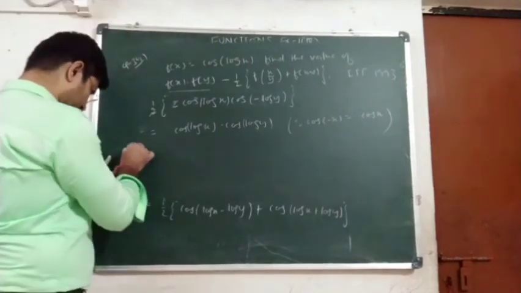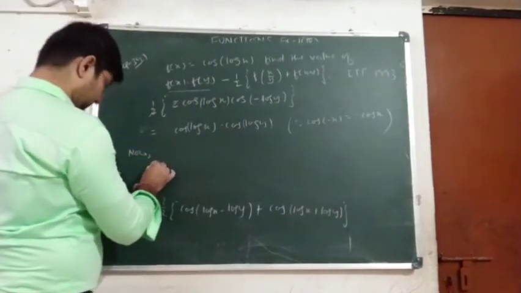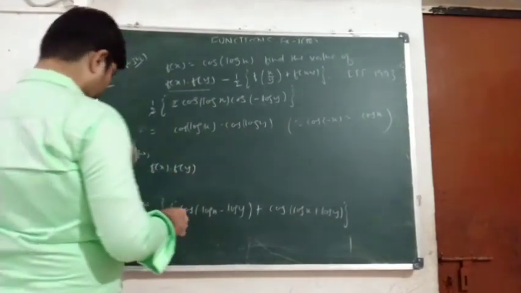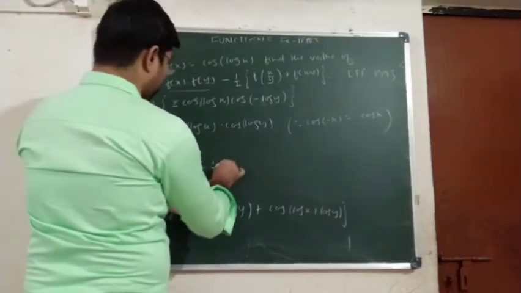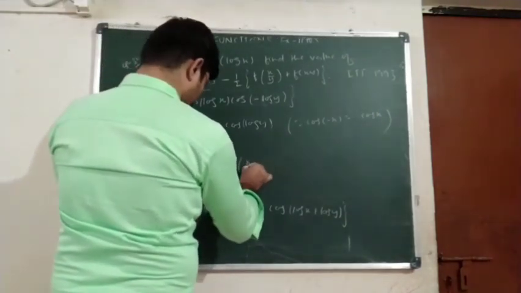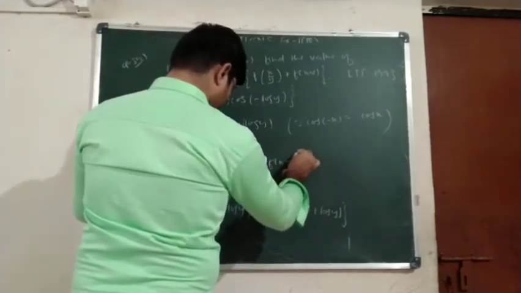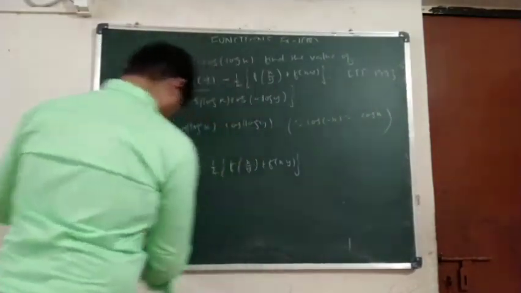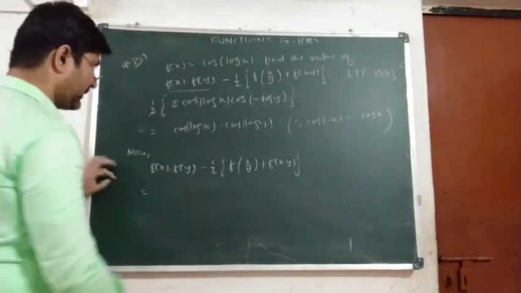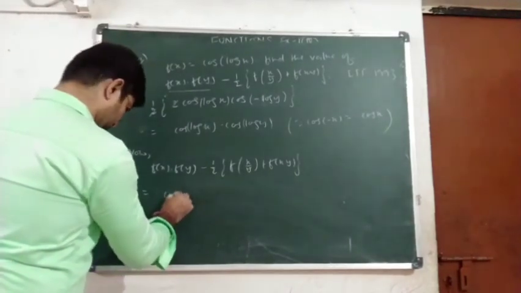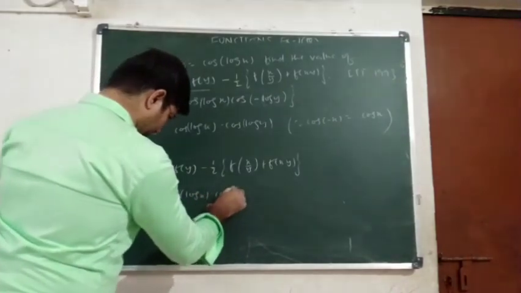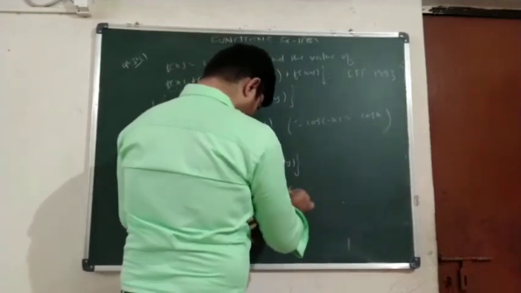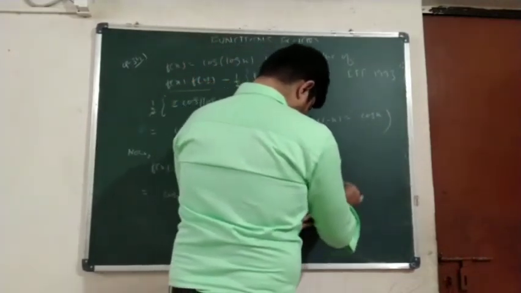Okay, now let us put again the question. f of x into f of y minus half into f of x by y plus f of xy is equal to: f of x into f of y was cos of log x into cos of log y, minus this, the value of this is also the same only, cos of log x into cos of log y.